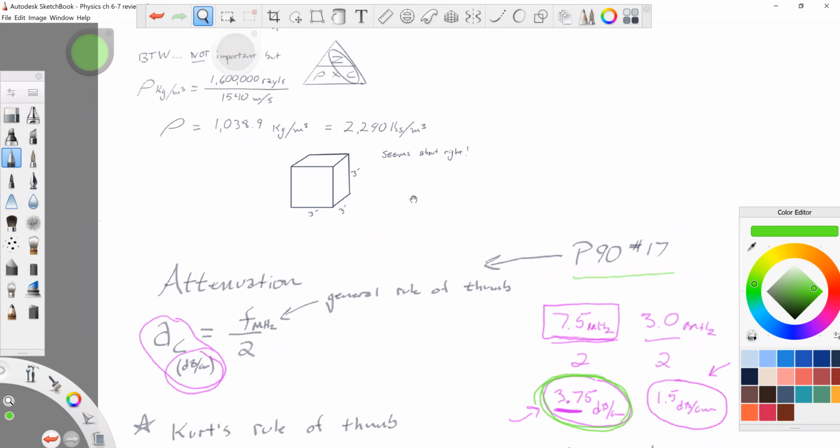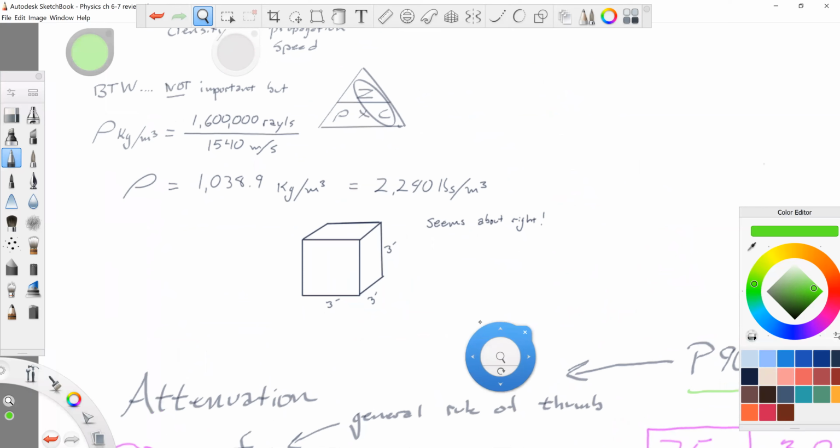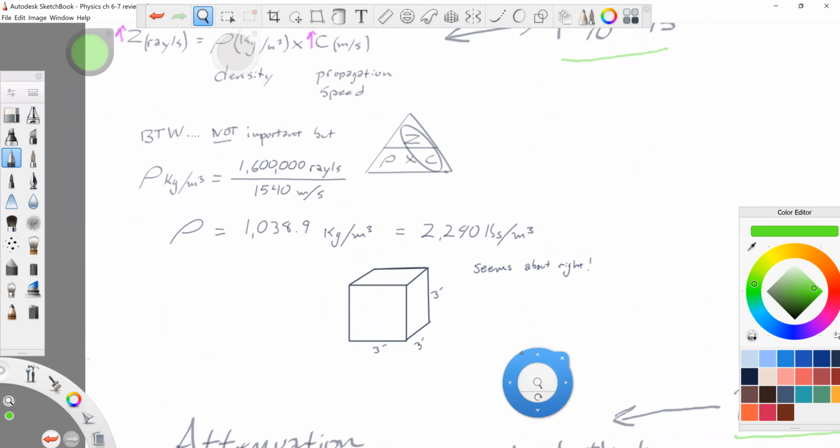I wanted to go back to here. I had forgotten that I had written some stuff down. Okay, yes, and it says, by the way, not important, but, all right.